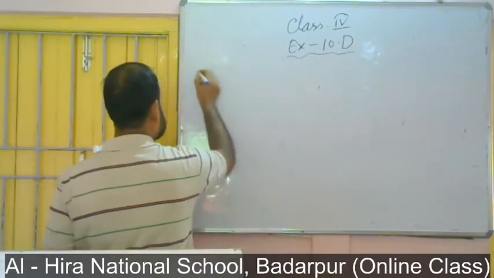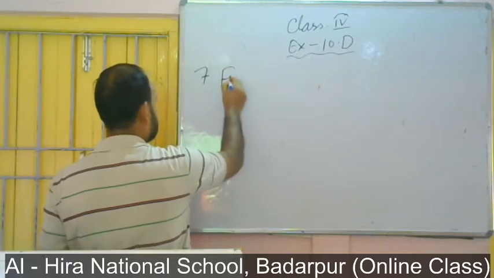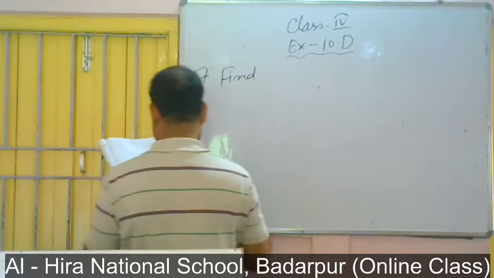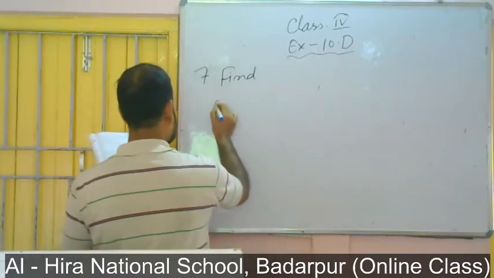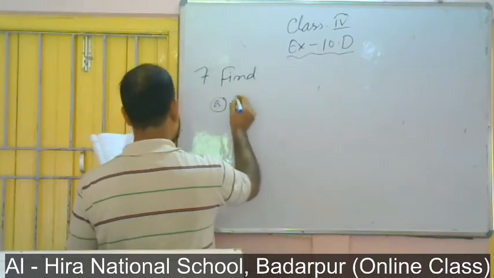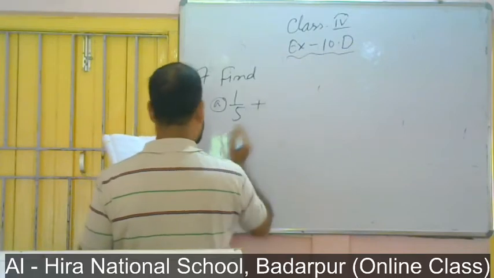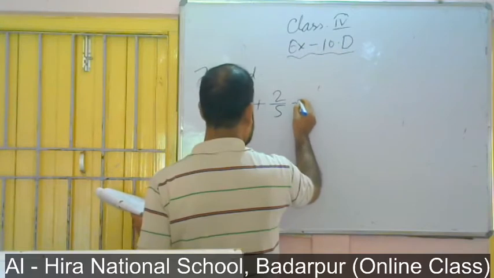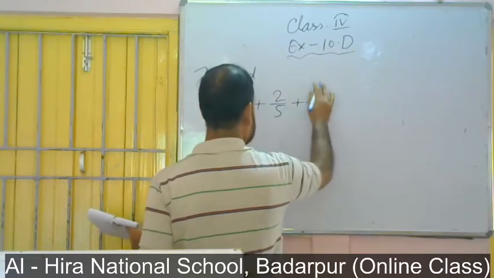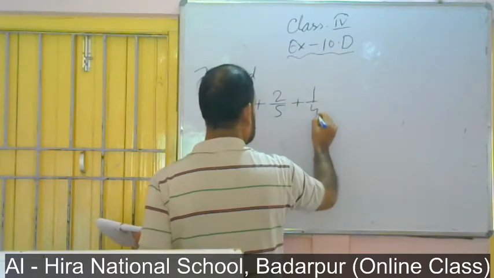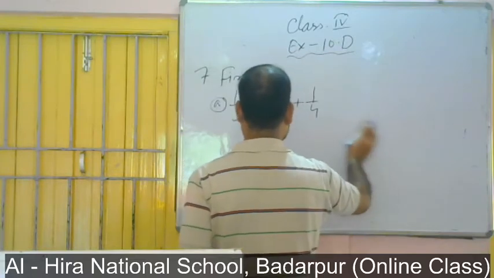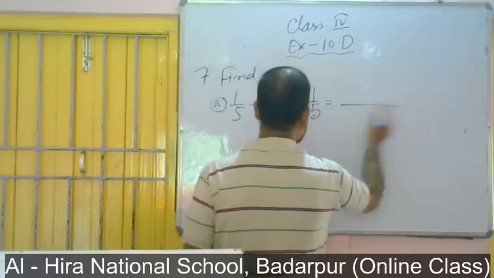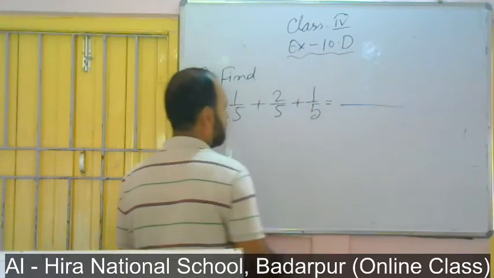Question number 7. Find. Question A: 1 by 5 plus 2 by 5 plus 1 by 5. Here all denominators are 5, so they are like fractions.